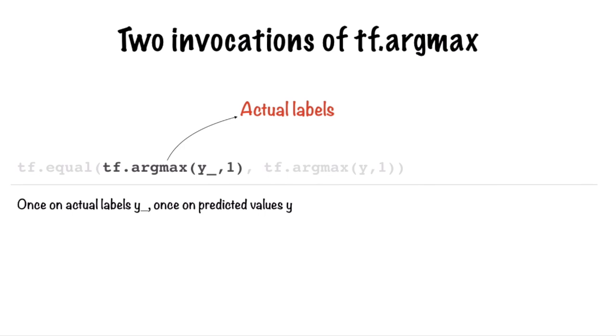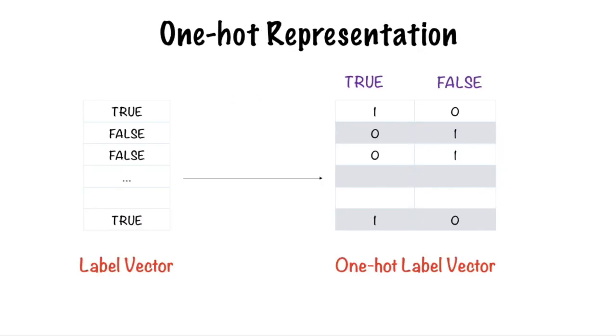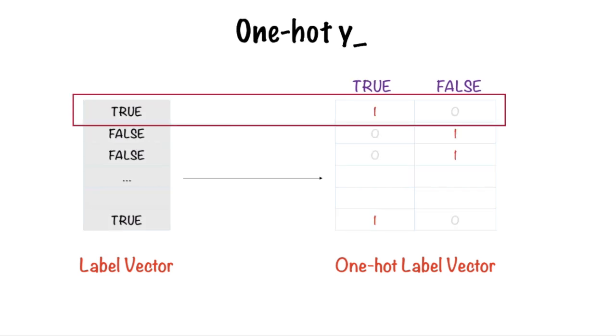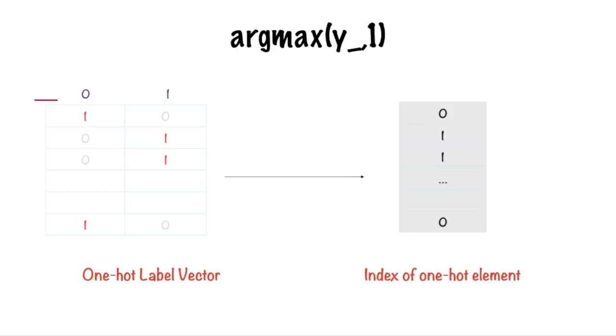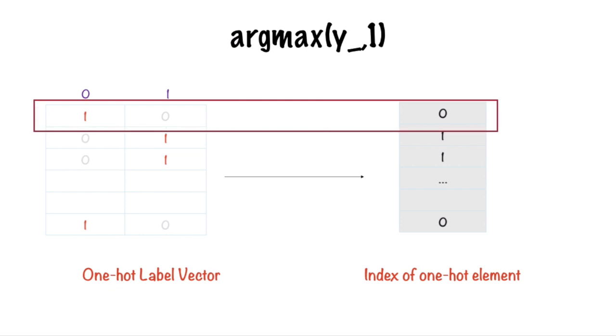Let's look at the actual labels that we passed into our regression. If you remember, earlier on in this lecture, we had spoken about the labels being represented in one hot format, which means a value of true was represented as 1, 0 and a value of false was 0, 1. Running tf.argmax on y underscore will give us a resultant value of 0 if the label were true, that is, Google stock is up.